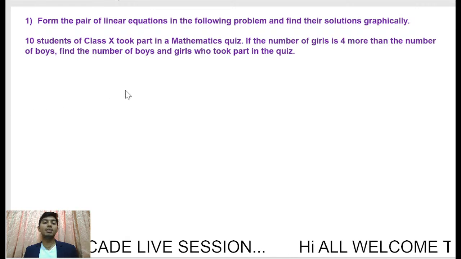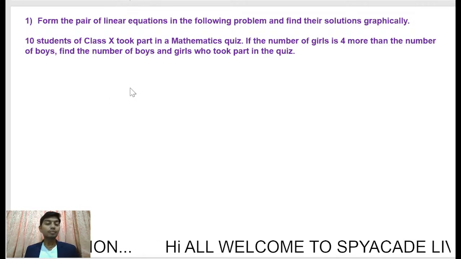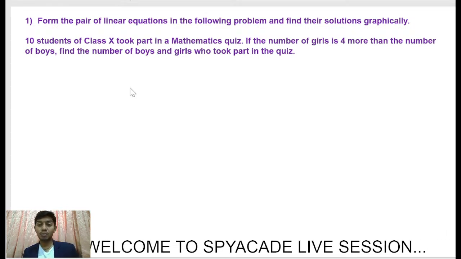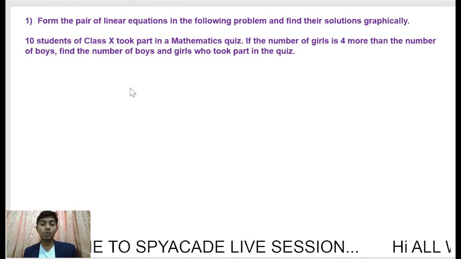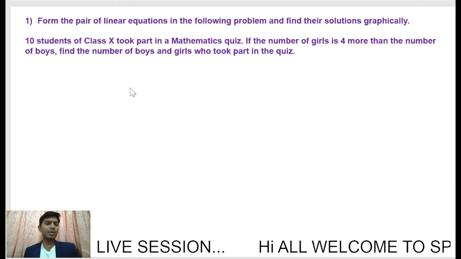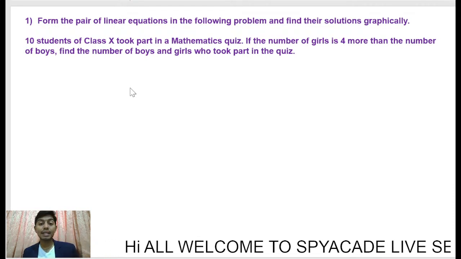Okay. And then let us move on to the first question. It's going to be a very easy question. Form the pair of linear equations in the following problem and find their solutions graphically. First one: 10 students of class 10 took part in a maths quiz.